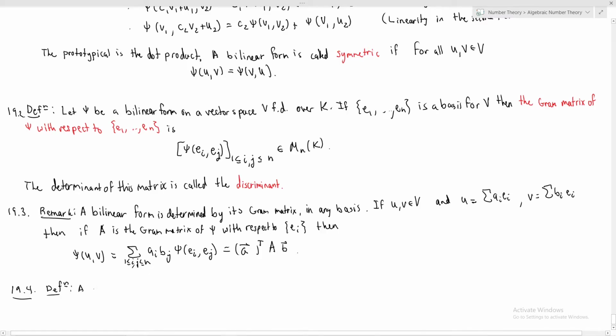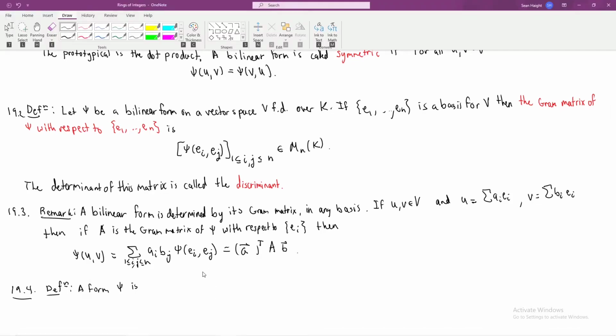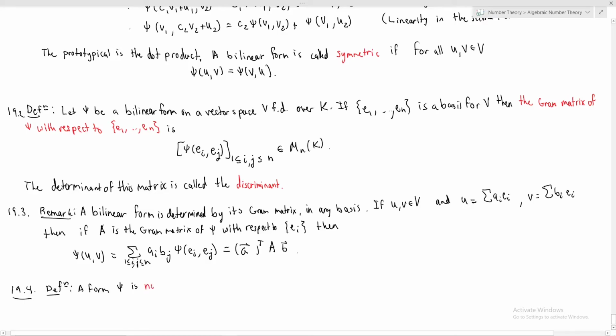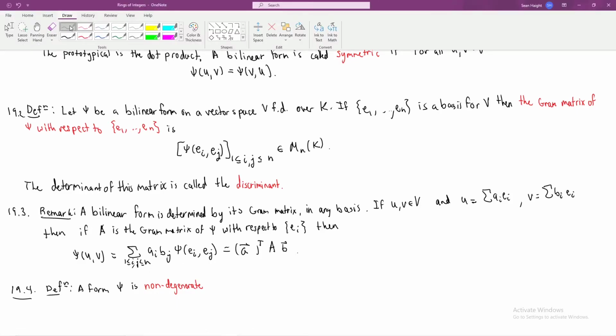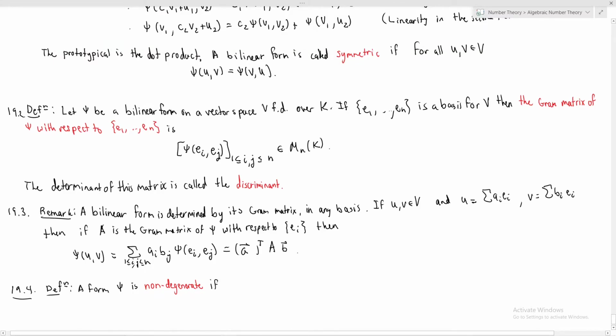A form, let's say psi, is non-degenerate if, so this is the definition part, if the discriminant is non-zero with respect to some basis.